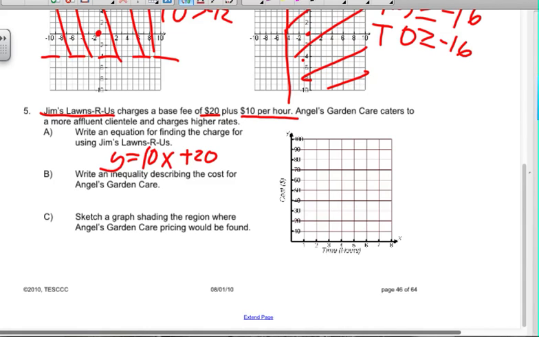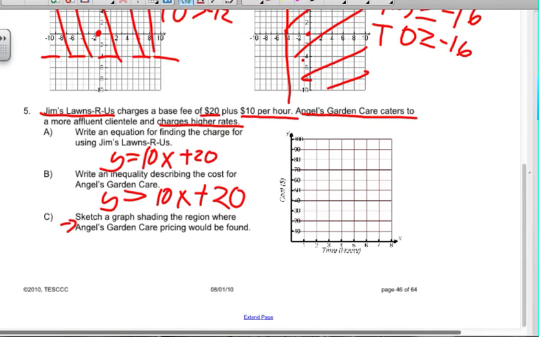All right. Now, Angel's charges a higher fee. So for Angel, this charge is going to be bigger than Jim's. So it's going to be that. So now we can come in and sketch a graph looking at where Angel's pricing would be found.